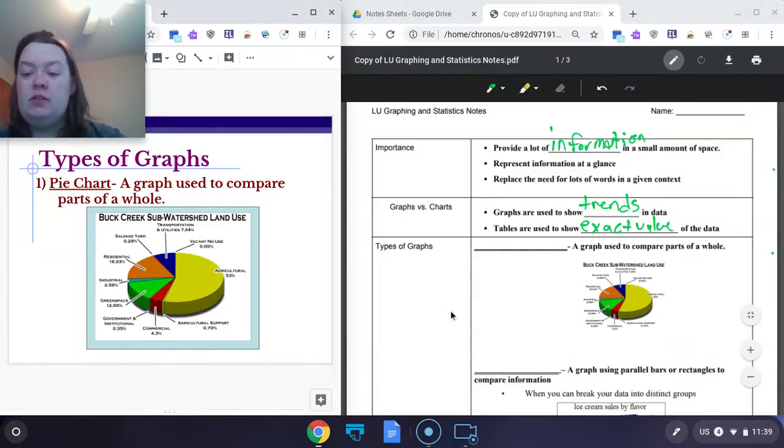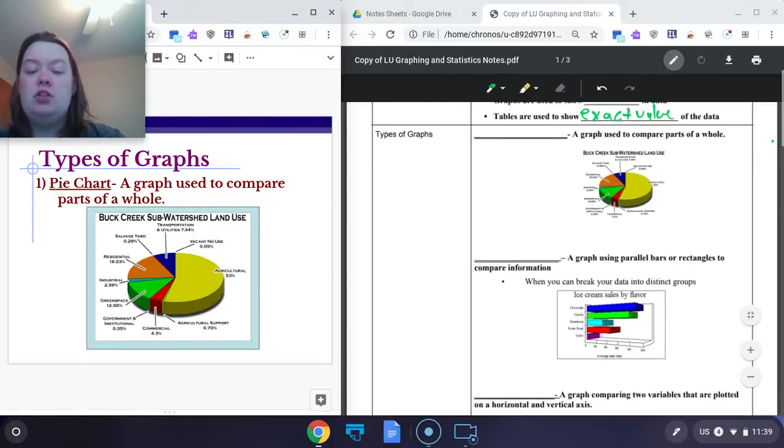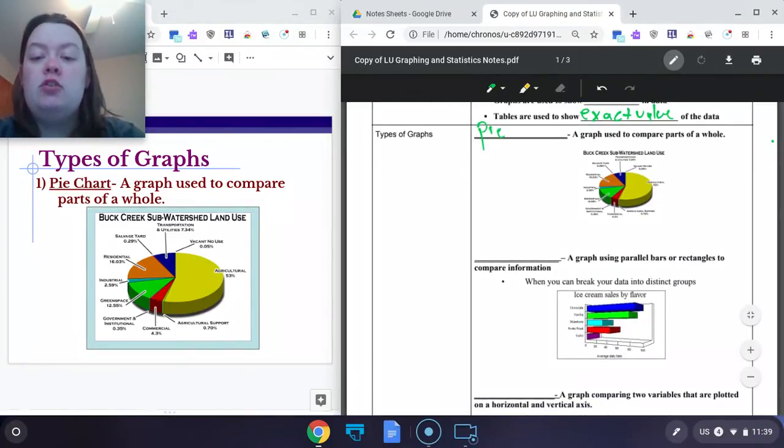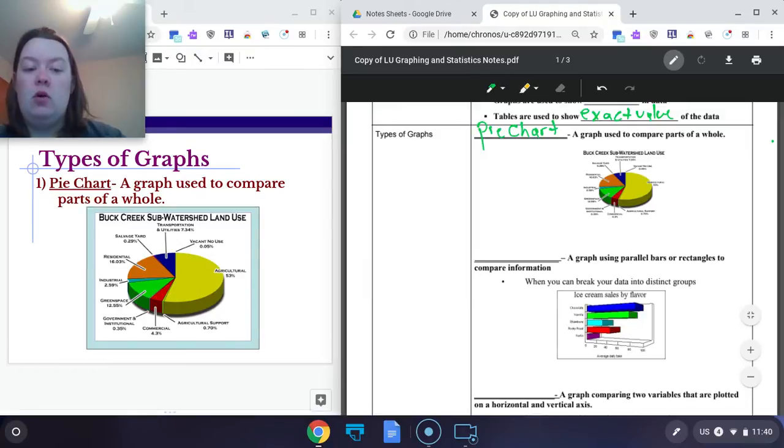So we're going to look at the different types of graphs you might see this year. The first one I'm sure you guys have seen before is called a pie chart. Pie charts a lot of times are used for percentages to show parts of a whole. If you look here, this says Buck Creek watershed land use. So you could say over half of the land here is going to agricultural, which means growing plants.